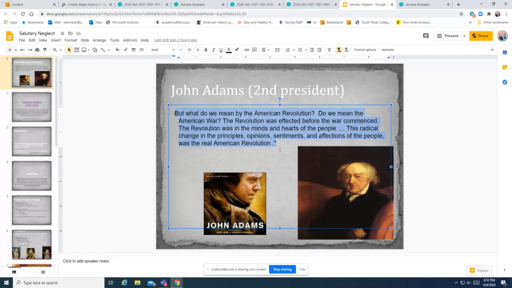That was the revolution of having a people develop in a continent far from the empire, developing the sense of independence. That was the American Revolution. And the war itself was an event that defended that revolution, according to John Adams.